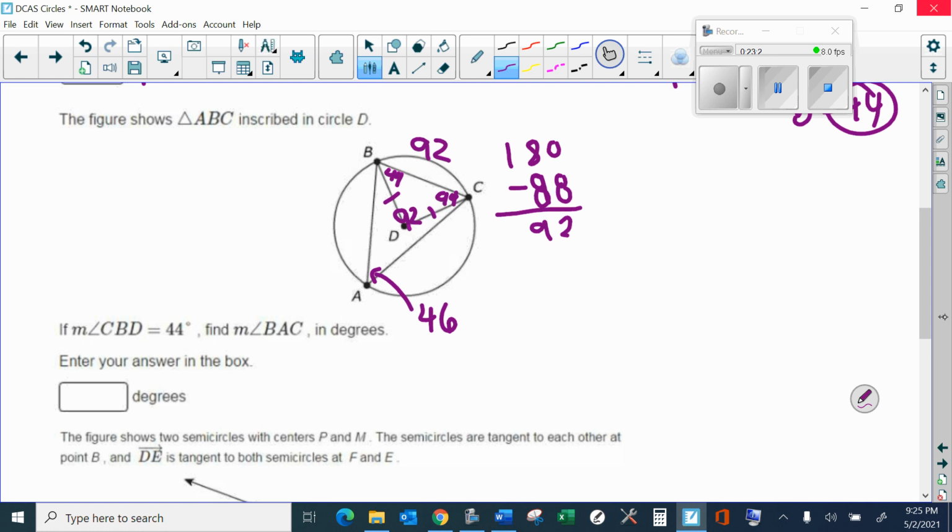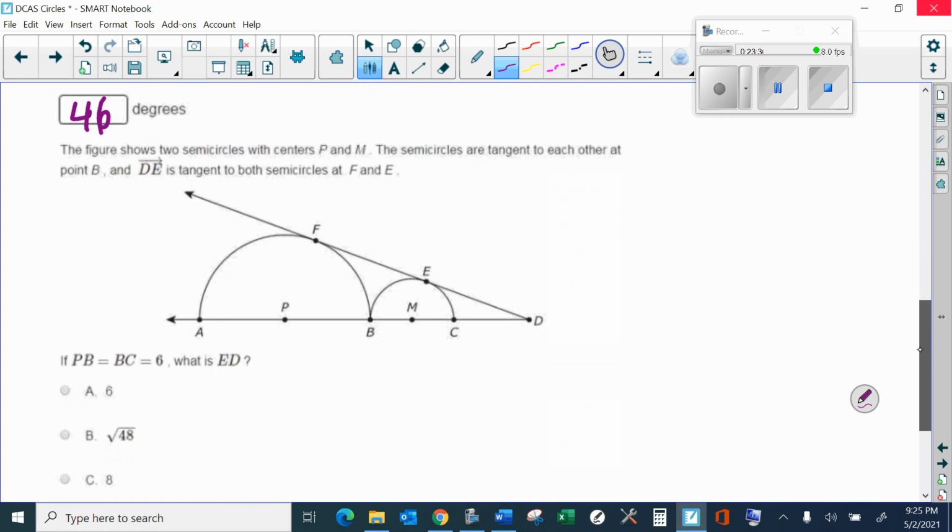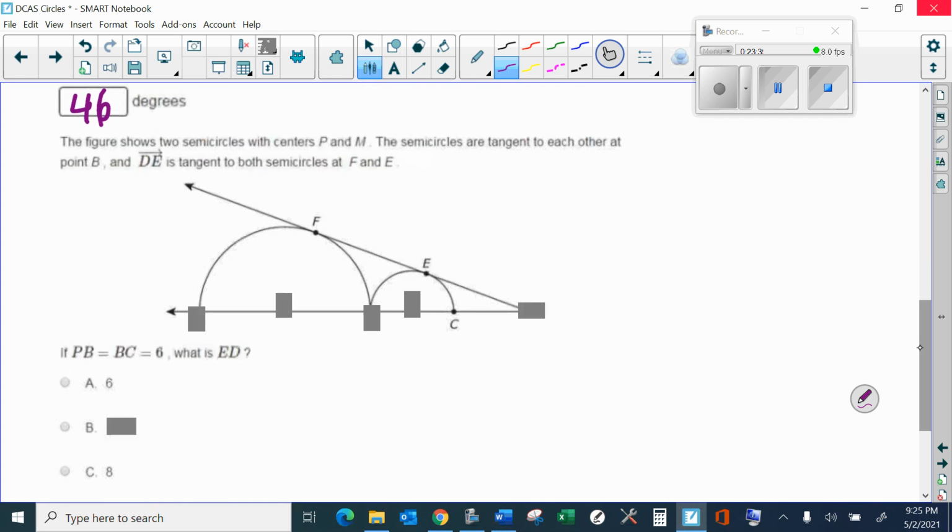Find the measure of BAC in degrees. We just did it, 46. Again, you're having to remember isosceles triangle, base angles are congruent. Fill it in; the sum of angles in a triangle is 180. You see this over and over. We talk about isosceles triangles a lot. You see it being used multiple times with circles, so expect to see that.